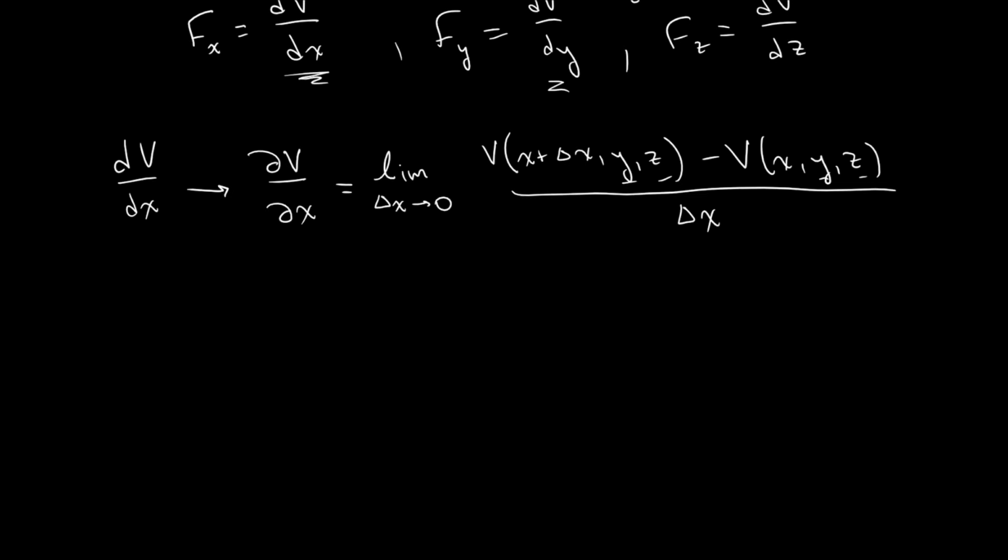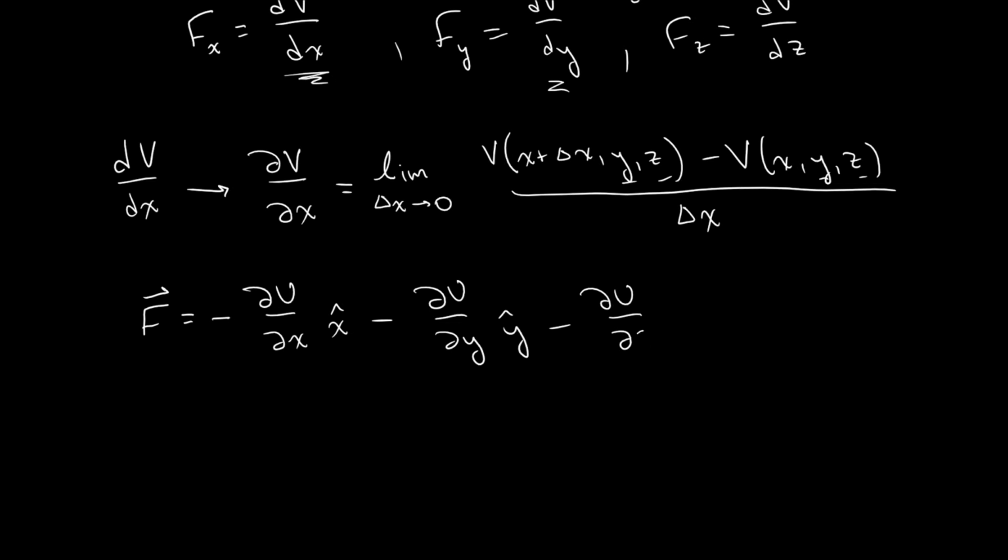So now we see that if I can write my force, and I'm going to use a little bit of a different notation here, as minus du dx x hat minus du dy y hat minus du dz z hat, then all of this story should work out, and the work should only depend on the endpoints of the function.